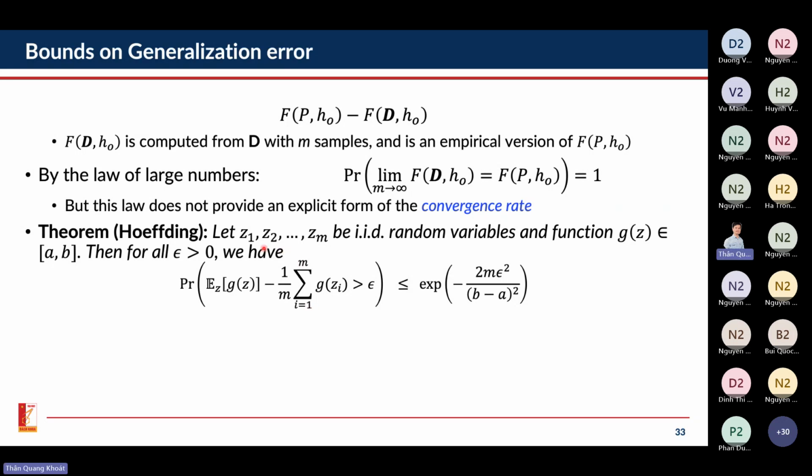Let's consider Z1, Z2, up to Zn to be IID, and a function g which is independent from those Z. Then for every epsilon which is positive, this difference is greater than epsilon with probability at most this bound.